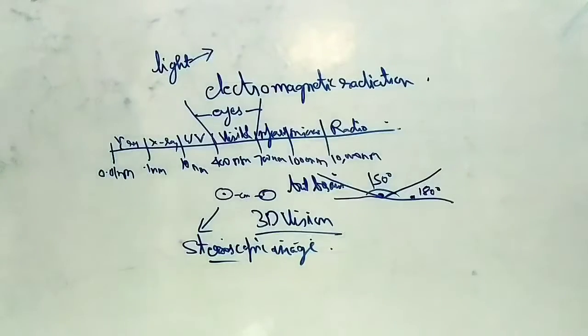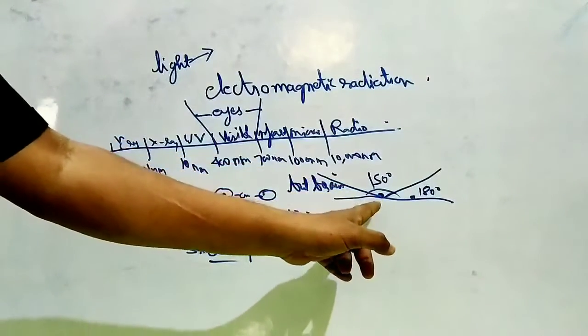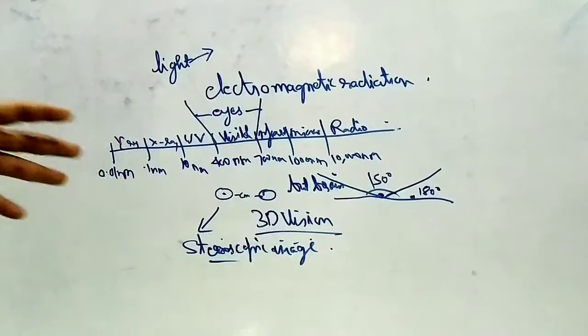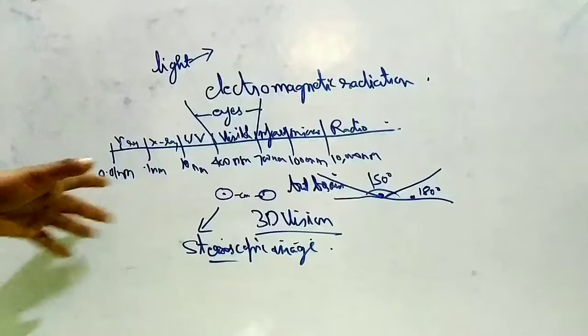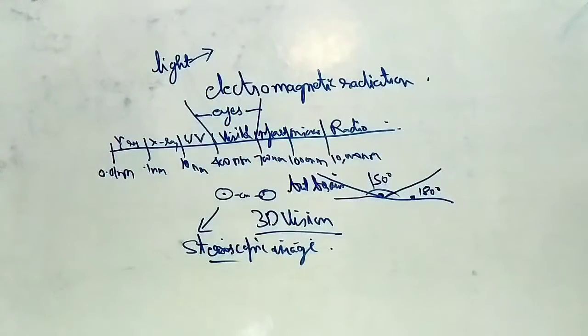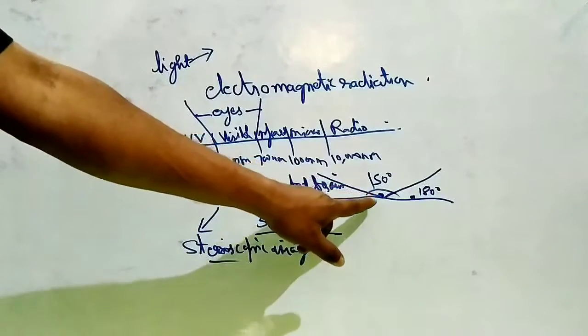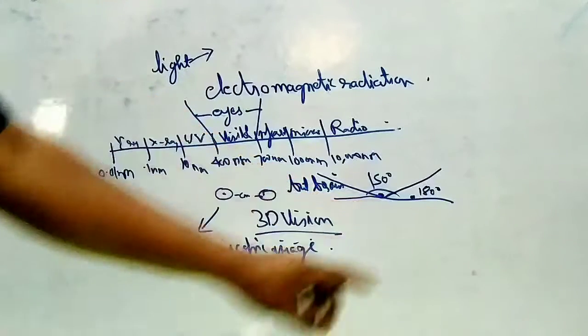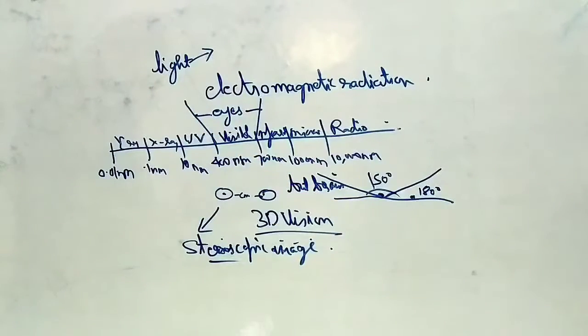So by one eye the vision is spread up to 150 degree, but when we use both eyes, our vision is at an angle of 180 degree. We can view any object kept at an angle of 180 degree. Is this clear?